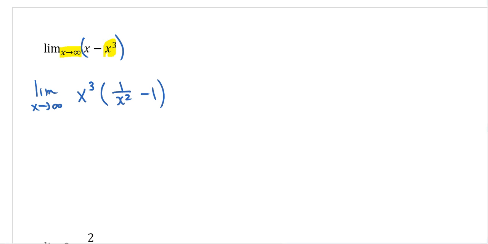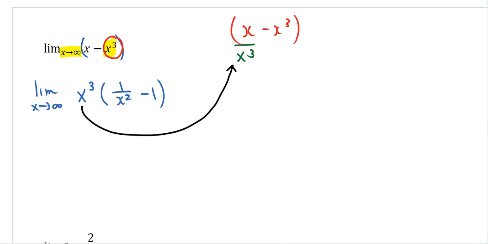All right, so if you're not sure how I got that expression, basically if I'm factoring out an x cubed here, what that means is I take everything in the brackets and divide by x cubed. So this x cubed is that x cubed right here, and I simply divide everything by x cubed.